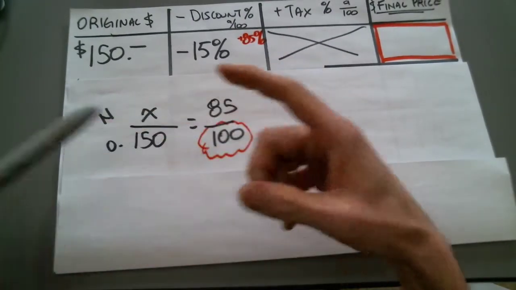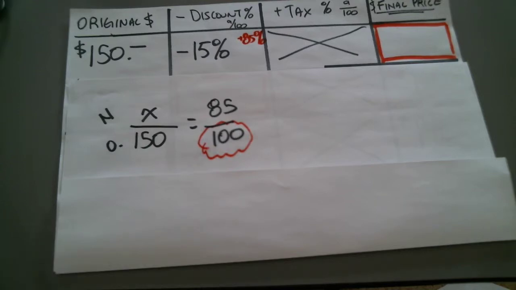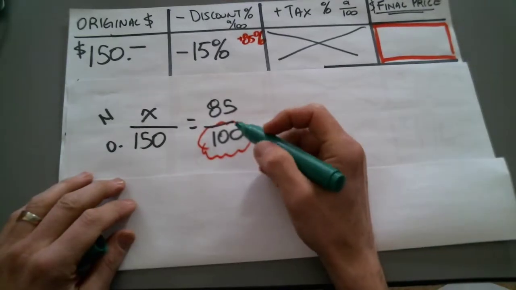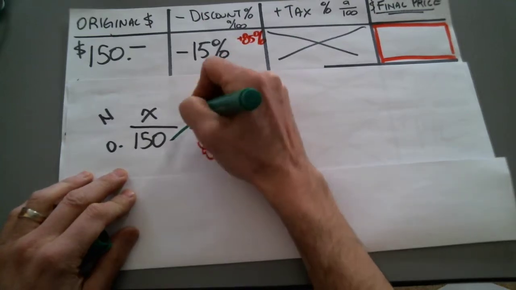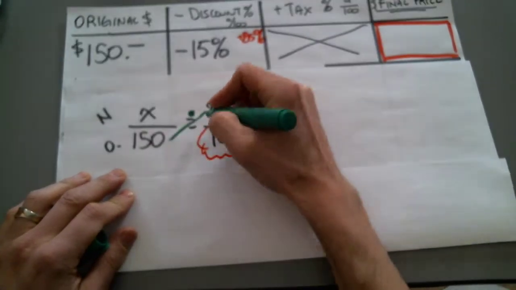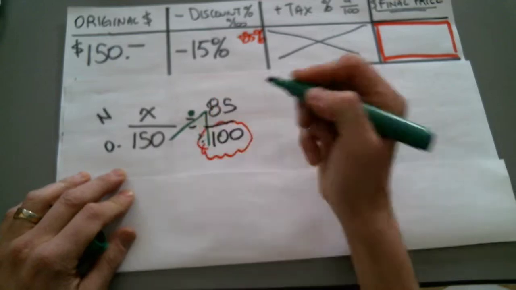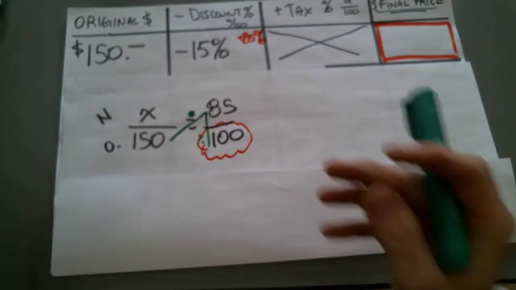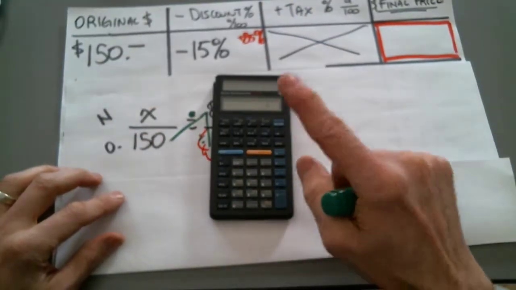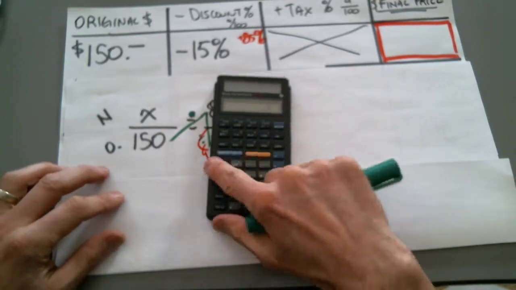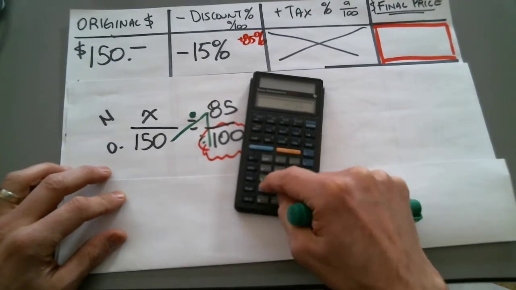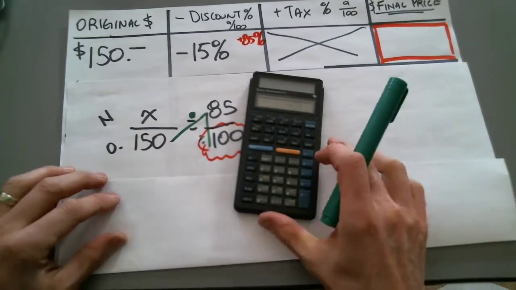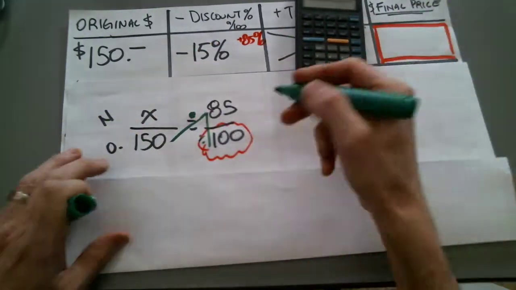Okay, so here we go. What do I do? We're going to do the shortcut because I taught it to you. So we are going to cross multiply. What two numbers are across from each other? Right there. That's going to be my multiply. Then I am going to divide by 100. Trusty calculator. So I go 150 times 85 equals, divided by 100 gives me 127.5.